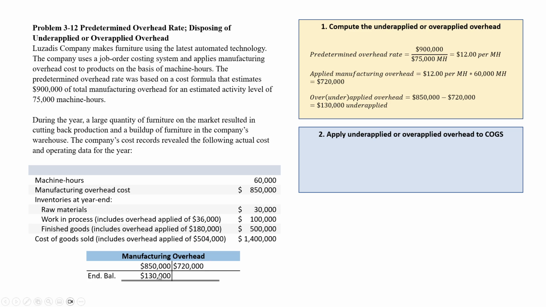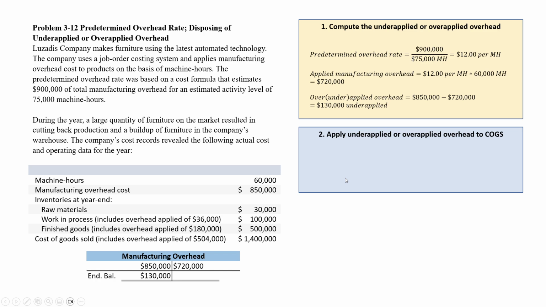As of right now, before we do a journal entry to deal with that over or underapplied overhead, recall our actual overhead cost of $850,000 would go on the debit side of manufacturing overhead, whereas our applied overhead of 720,000 that we calculated would go on the credit side. So actual is a debit, applied is going to be a credit, leaving our balance at 130,000 at this point. We need to zero that out.